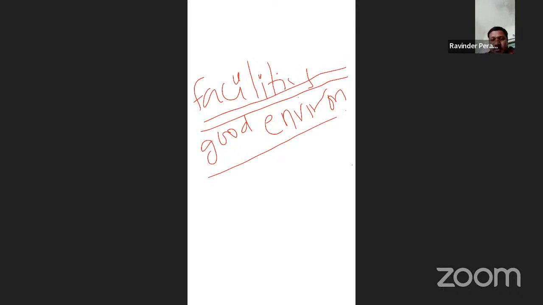And one more important point it should contain is spacious rooms. Okay, it should contain all the facilities and good environmental conditions, and spacious rooms available for these grainages.